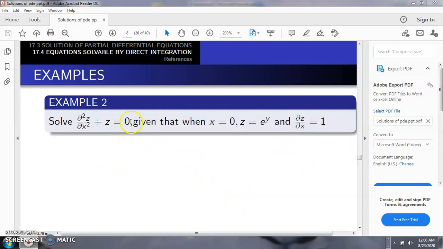You have already studied ordinary differential equations. So in the case of an ordinary differential equation, you know how to form the auxiliary equation.